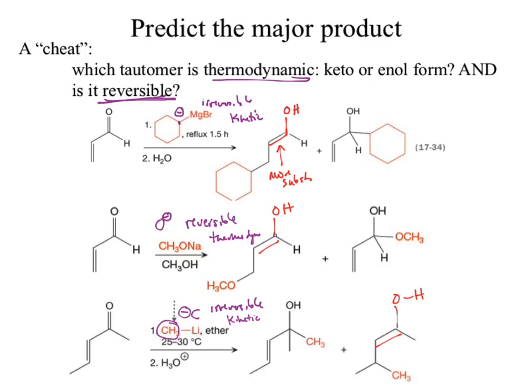Could you also make a steric argument? Yeah. So that is your more stable. Which product did we want? More stable meant what? Thermodynamic. Which product did we want? So we've identified this one as our thermo, which means the other one is our answer. How about the next one?